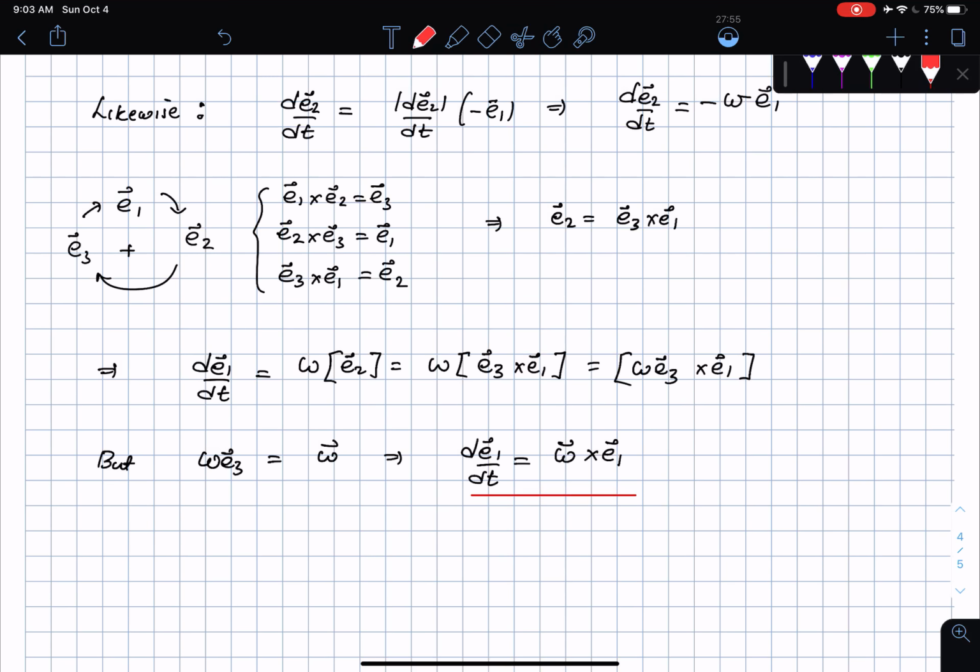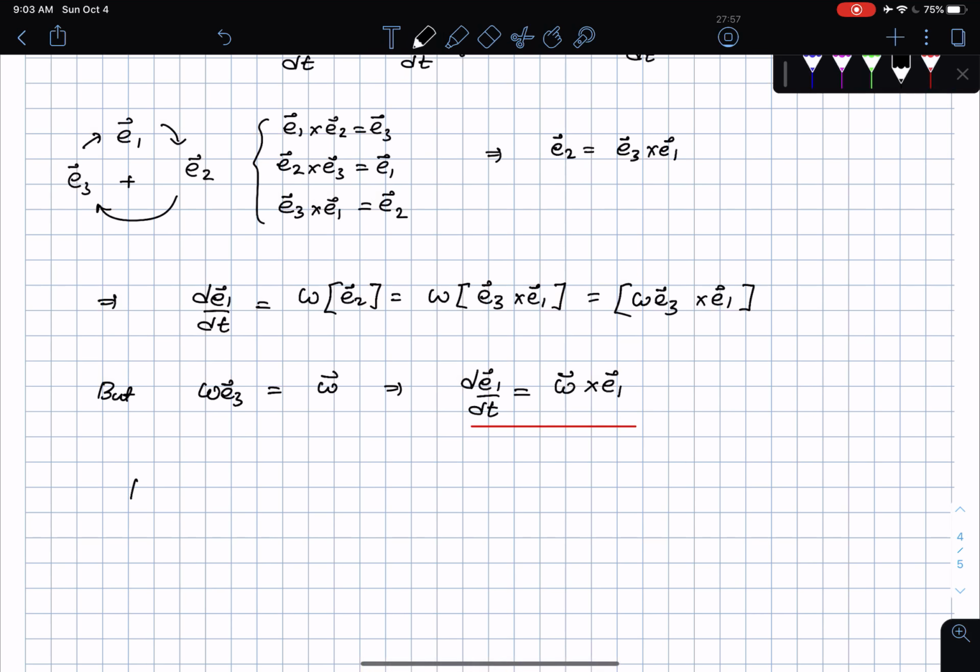And if I do the same thing for dE2 by dt, okay, dE2 by dt is minus omega E1, right? So this is going to be minus omega times what is E1. You look at E1, okay, so that's that guy here. So E1 is going to be, and then E2 is that guy there, which we had already used. Okay, so E1, if I write it here, is going to be E2 cross E3, which implies that minus E1 is going to be E3 cross E2, right?